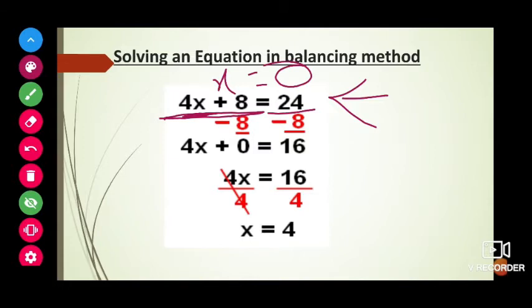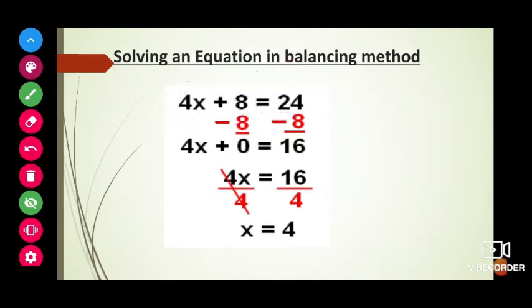But with the x, more constants are there, isn't it? I don't want that constant. Only one variable should be on this side, and I want to remove all the other constants. So how can I remove them? That is the main thing.